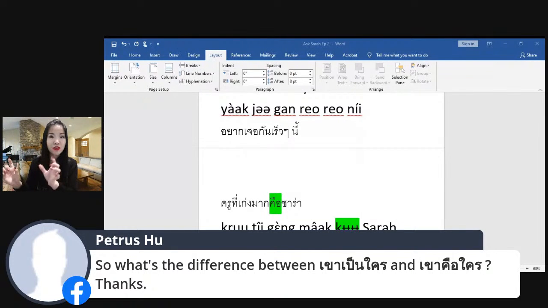If after the word เป็น you cannot use the name, then you can just cut that choice out. Or with something like occupation, you don't want to use คือ, unless it's occupation plus specific description. So you want to root out those that are not common to use. But เขาเป็นใคร and เขาคือใคร are pretty much the same.